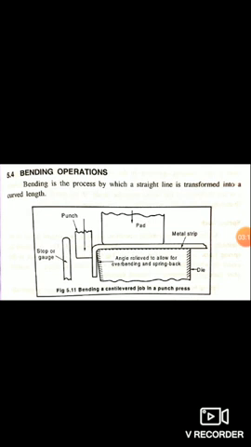The axis which separates the portion of tension and compression is known as the neutral axis. Generally bending is done perpendicular to the direction of grains in the workpiece.